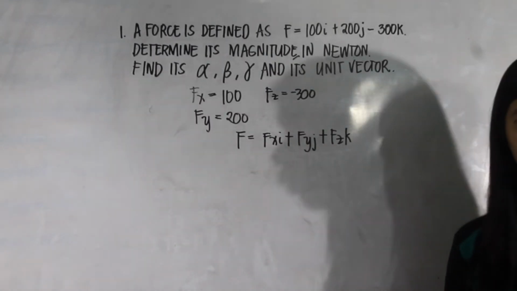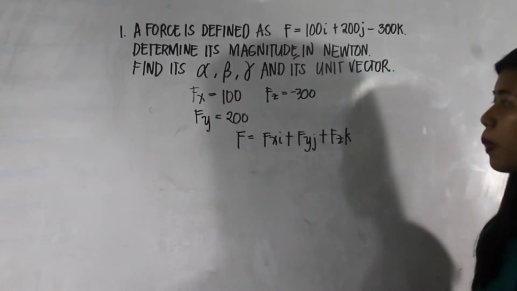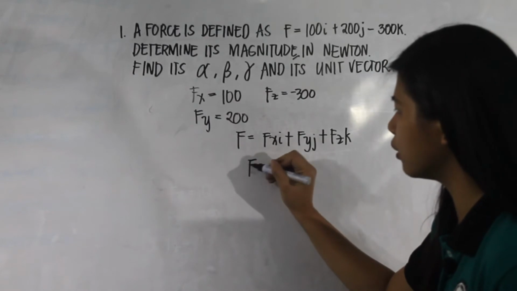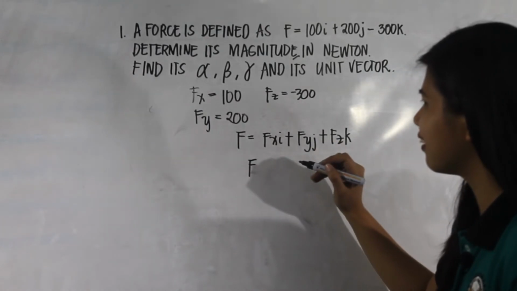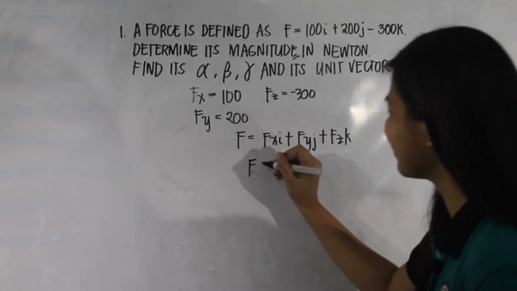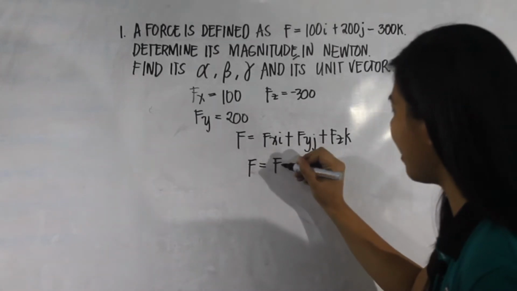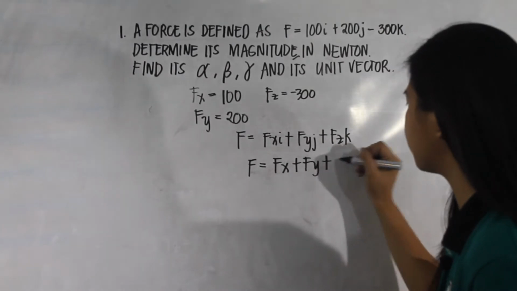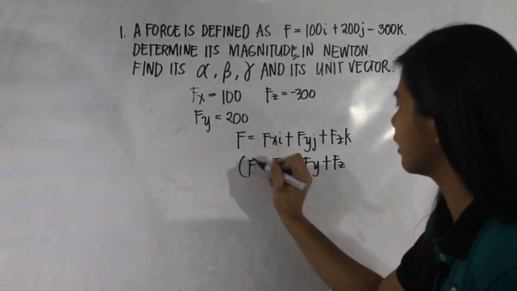So, since its magnitude, there will be no direction. So, we tend to use square each one component. So we have our fx plus fy plus fz.